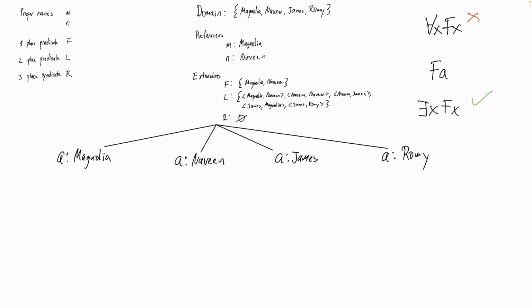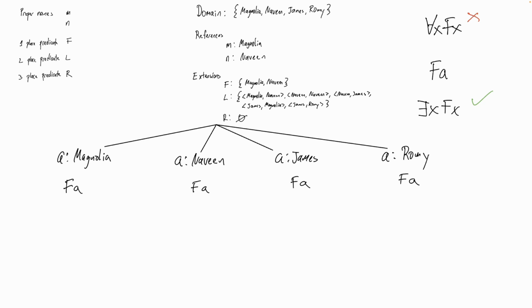And what the original story says is that for all x Fx is true on the original valuation just in case Fa is true on each and every one of those expanded valuations.